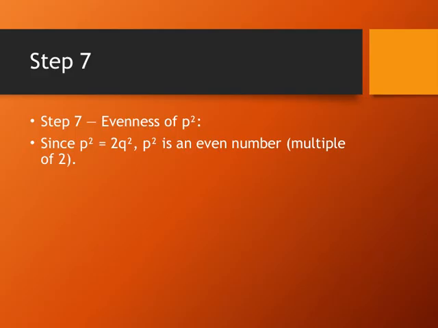This is an important step because it helps us understand the properties of p and q in our proof. Remember, this idea of evenness is central to the overall argument we're building, especially when we're trying to reach a contradiction or prove something about the nature of p and q. So, in essence, recognizing that p² is even sets the stage for the next steps in our reasoning.